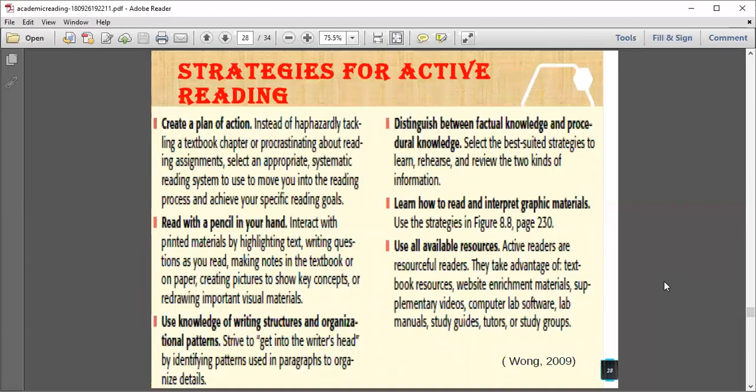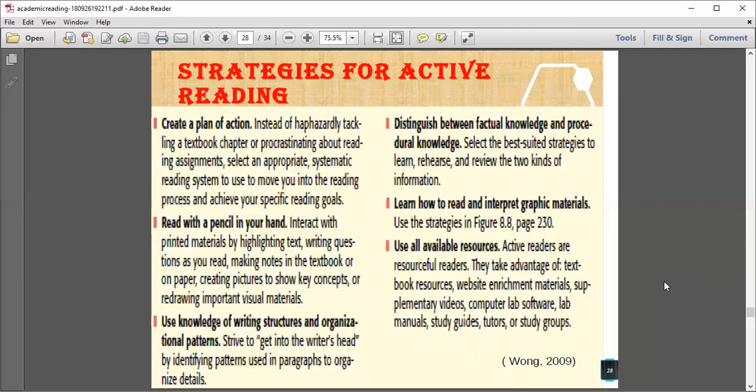And what are the strategies for active reading? First, create a plan of action. Instead of haphazardly tackling a textbook chapter or procrastinating about reading assignments, select an appropriate systematic reading system to move you into the reading process and achieve your specific reading goals.